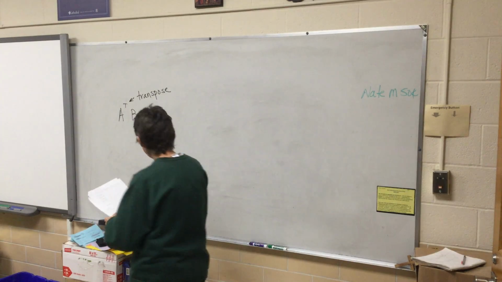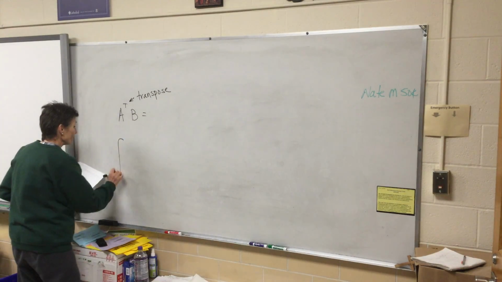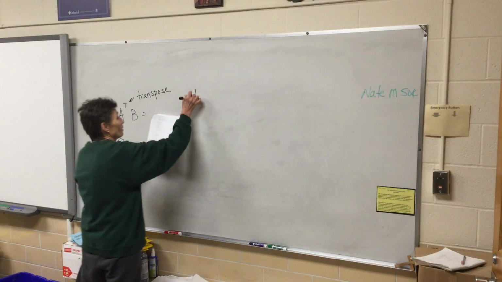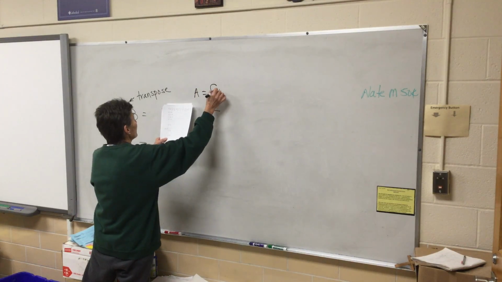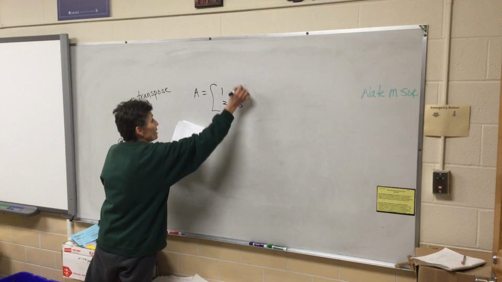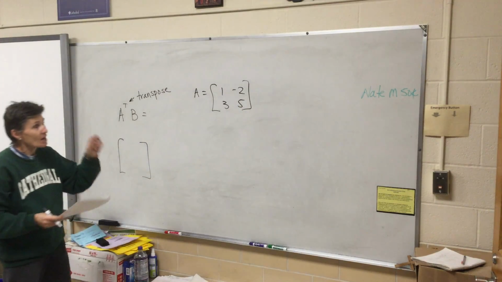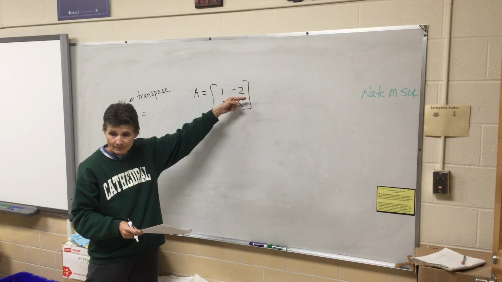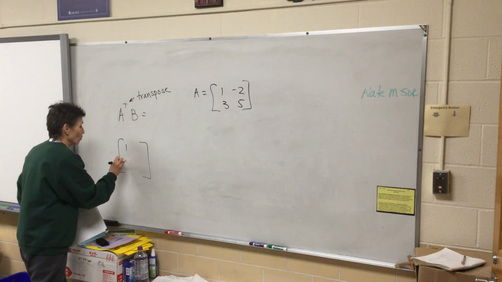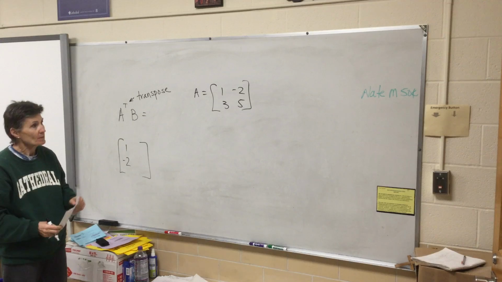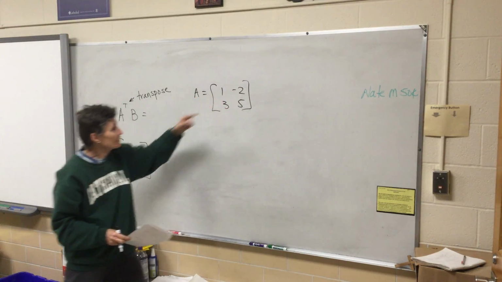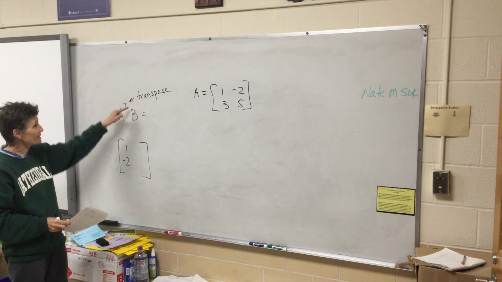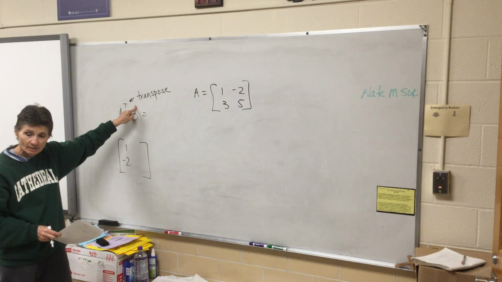So what I mean by that is, you have matrix A on your paper. I'll write it up here: 1, maybe 2, 3, 5. The transpose says whatever was row 1 becomes column 1. So row 1 becomes column 1 when you do the transpose.